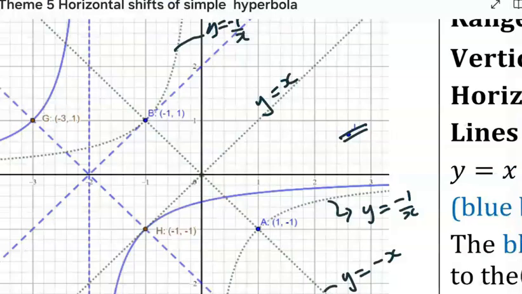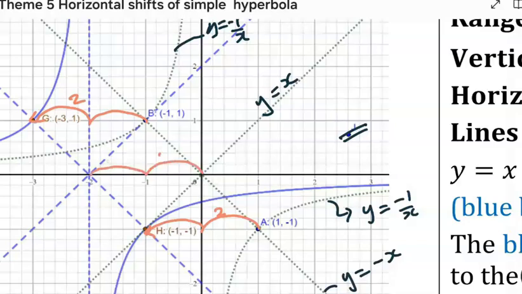This is our mother graph, the reflected mother graph. Now we can see that from A to H we've moved 2 units to the left, and from B to G we've moved 2 units to the left.